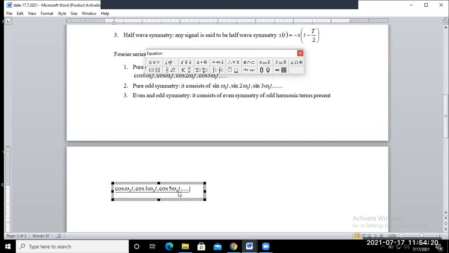So the first waveform follows both the symmetries, even as well as half wave symmetry. So it only consists of these terms. That means cos omega naught t, cos 3 omega naught t, cos 5 omega naught t, and so on.